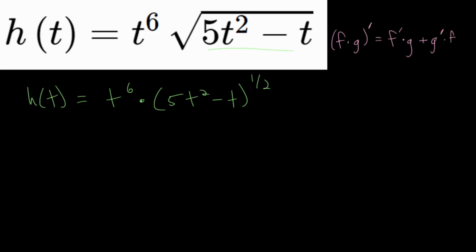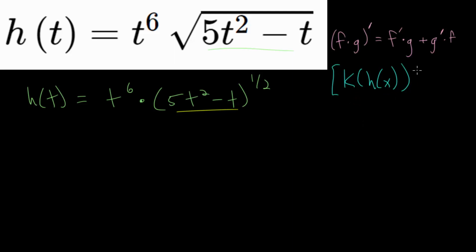But notice we also have a function within a function. This quadratic polynomial, 5t squared minus t, is within the square root function. So we will also need to use the chain rule. Remember that, let's say we have a function k of h of x. We have a composite function, a function within a function.